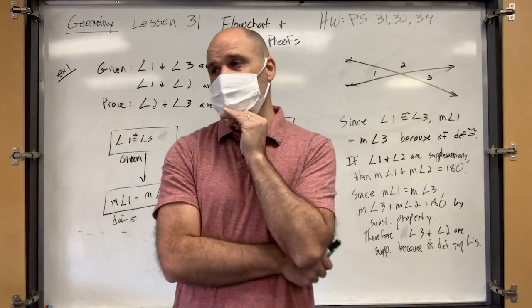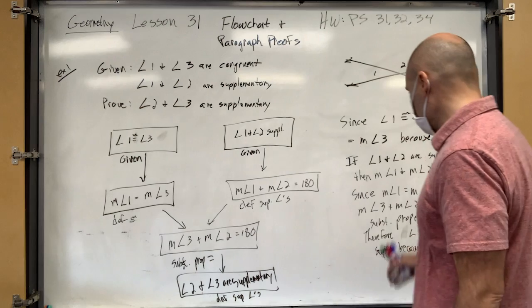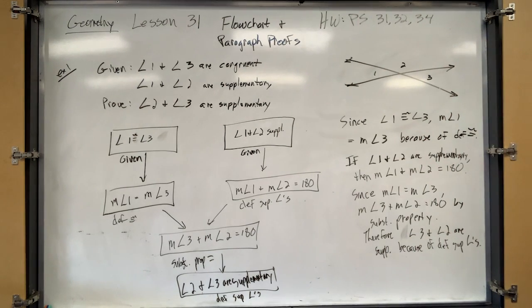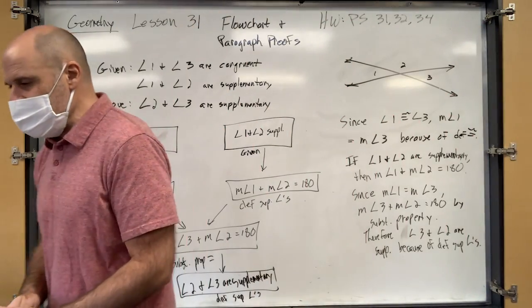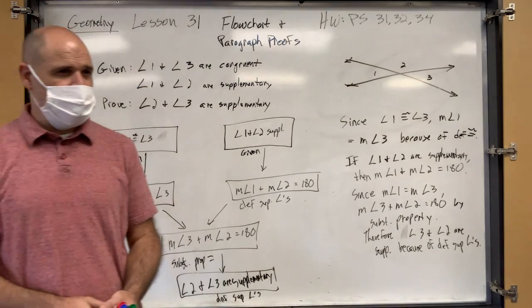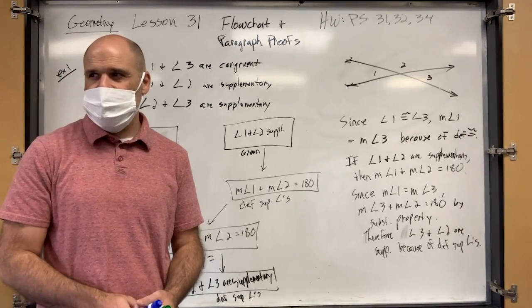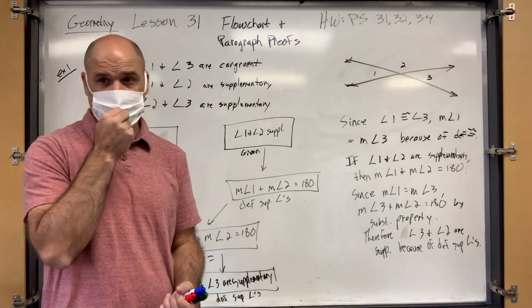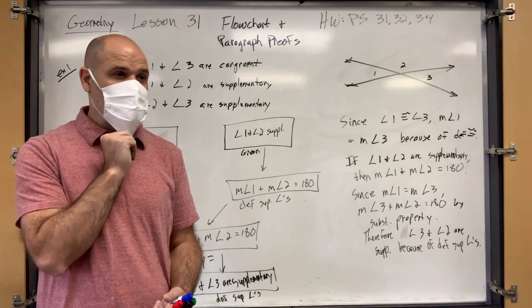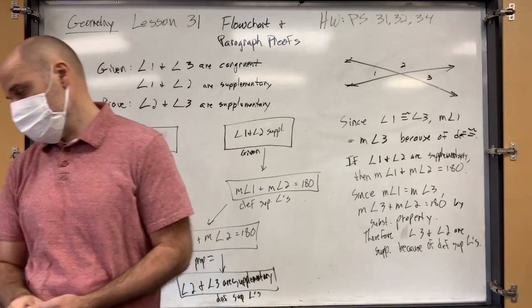Okay? Whether that's with a flowchart or in a paragraph, and there's lots of sinces, ifs, and becauses in a paragraph proof, or a 2-column proof. Either way, either one of those options works. Okay? Just be as obvious as you can. Okay? Explain everything. Over-explain. All right.